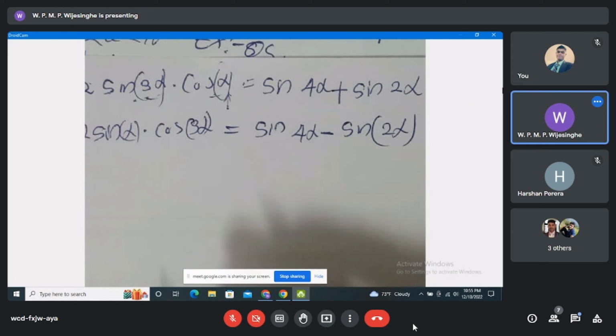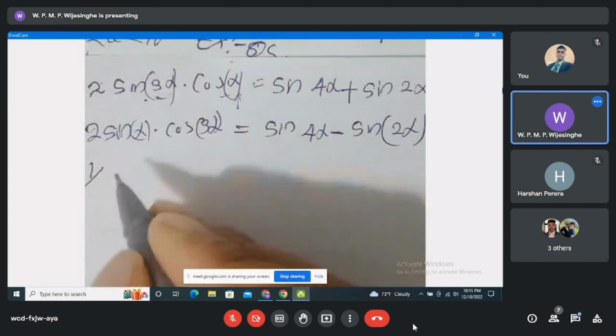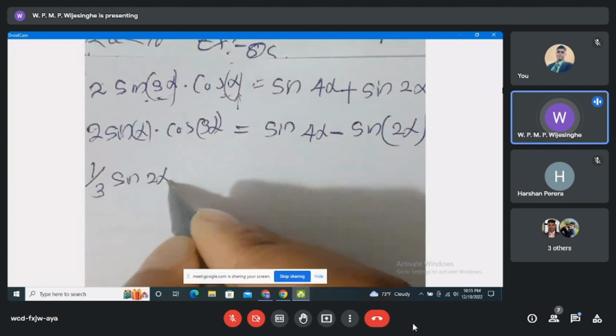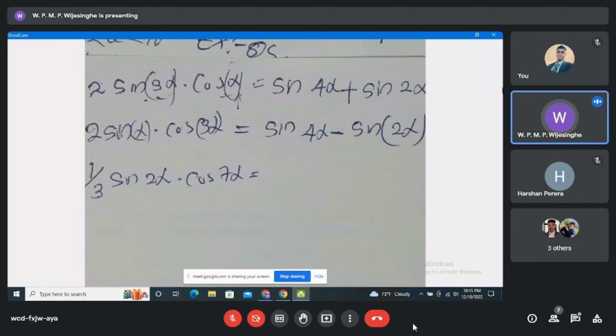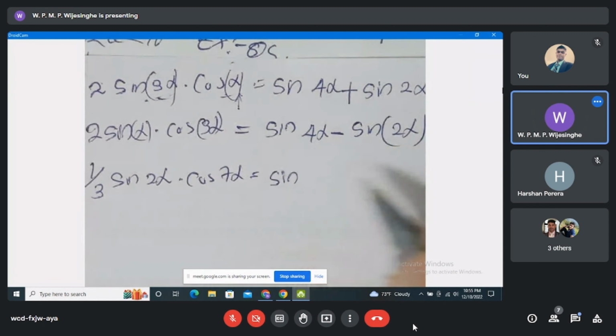Next one, 1 divided by 3 sine 2 alpha cos 7 alpha. Yes, here also having the sine cos term, and then it should be sine, sine, sine.